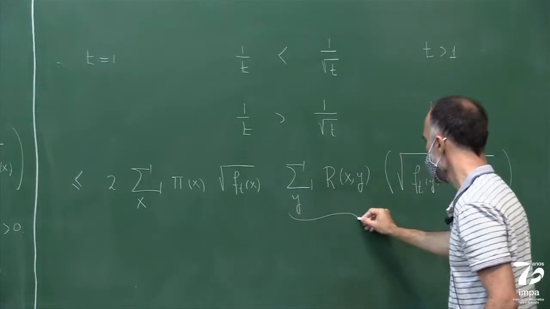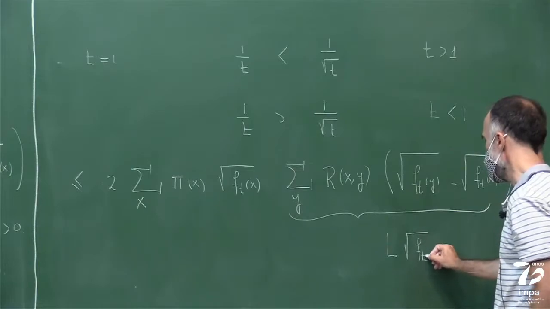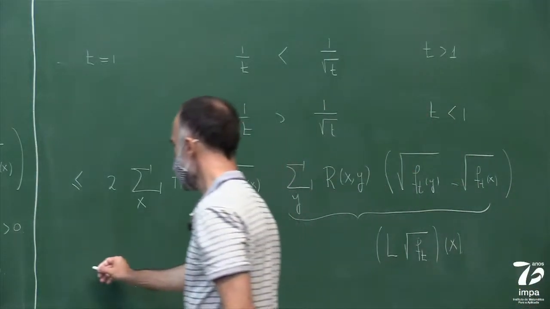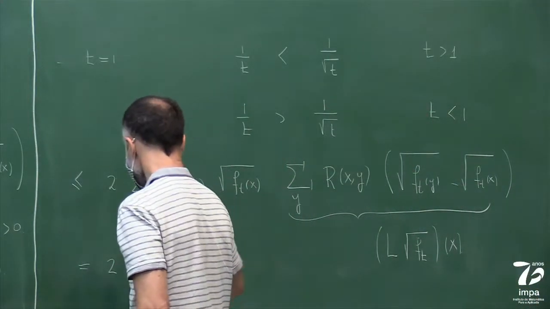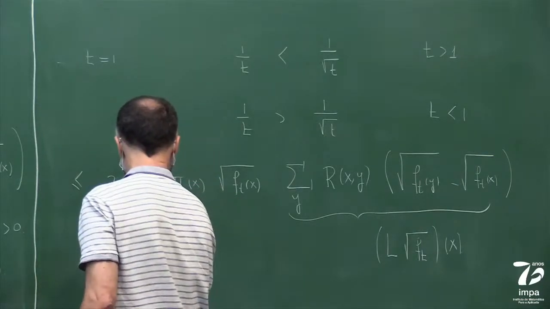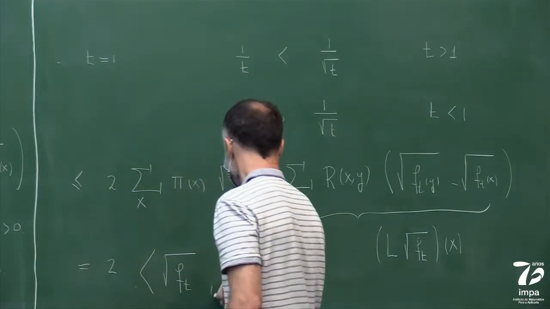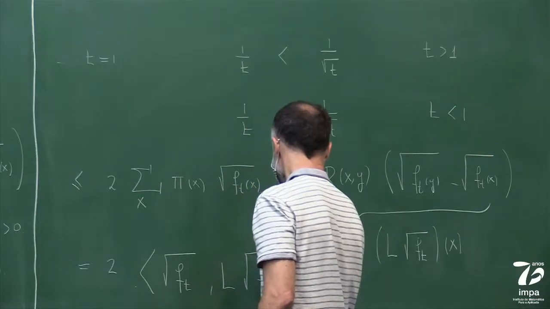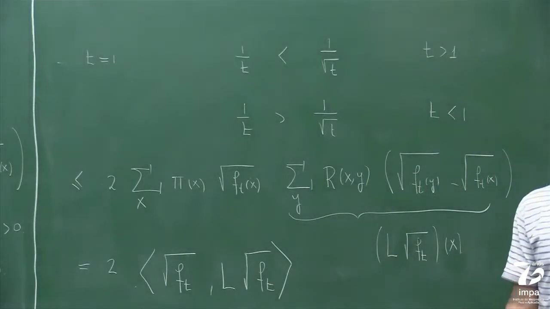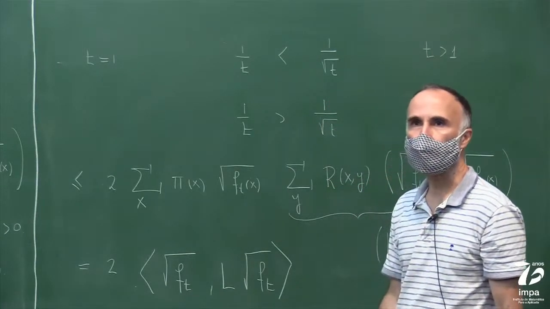And this is L applied to the square root of f at time t computed at x. And therefore, this is equal to 2 times the sum over x of square root of f_t times L of square root of f_t. Fine. So we proved that the derivative of the entropy is bounded by this expression.